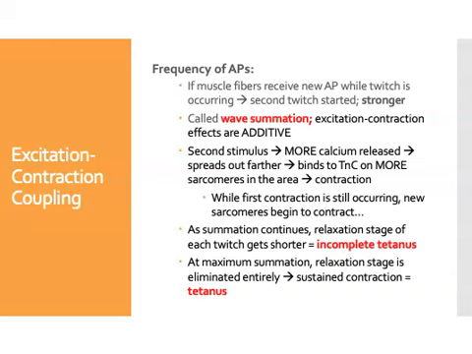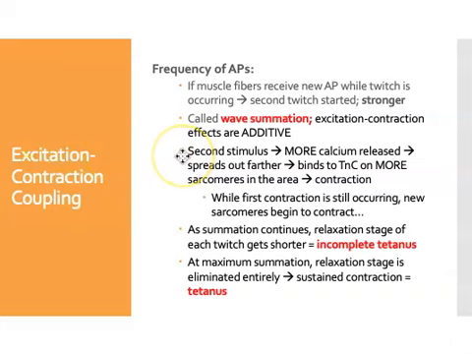In other words, excitation-contraction coupling is additive. It sums over time. If you ask a muscle to contract again and again by sending more and more action potentials down the axon, the twitches are going to add up.